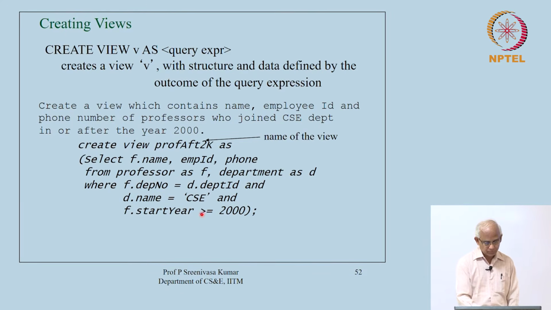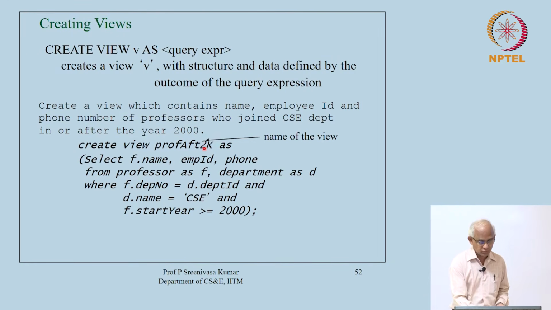So, this query is now seen as a view definition, but what it is actually doing is computing this required information. The professors who joined the CSC department in or after 2000 is realized by executing this particular query. And this profs after 2k is now going to be a relation name that is available for us, because we created it as a view.